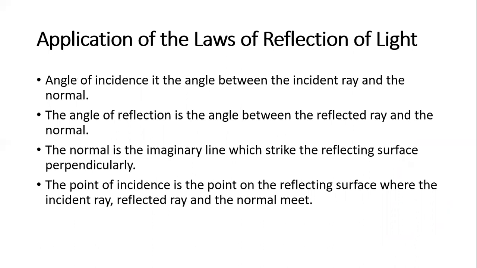The angle of reflection is the angle between the reflected ray and the normal. The normal is the imaginary line which strikes the reflecting surface perpendicularly. The point of incidence is the point on the reflecting surface where the incident ray, the reflected ray, and the normal meet.